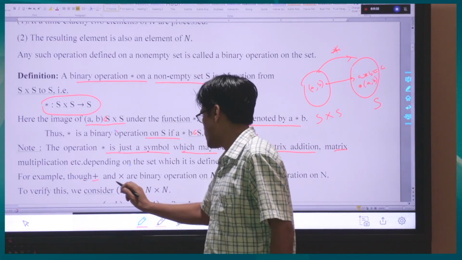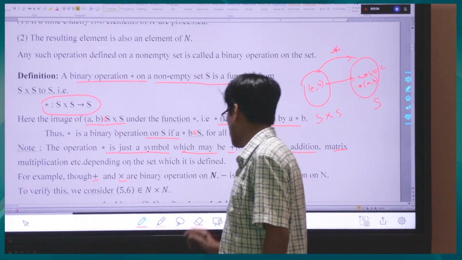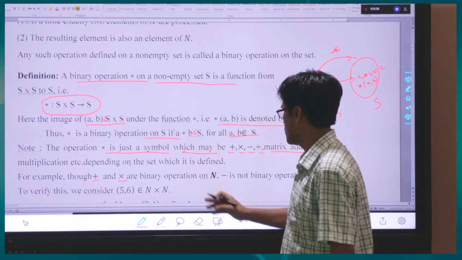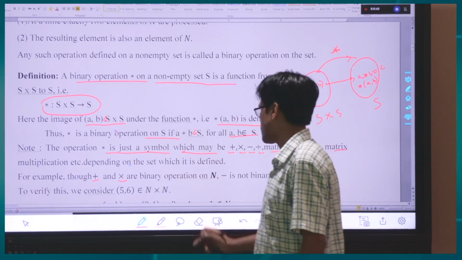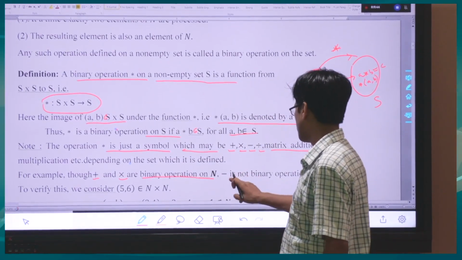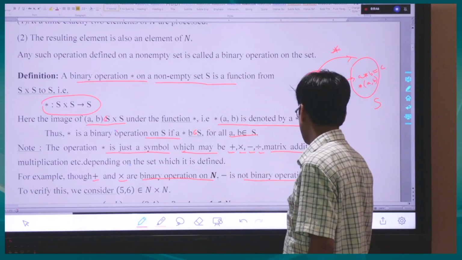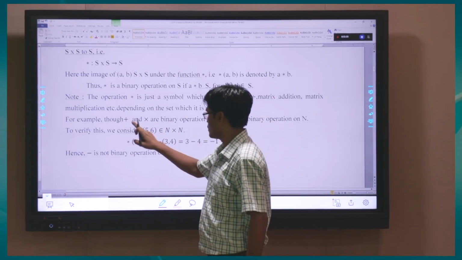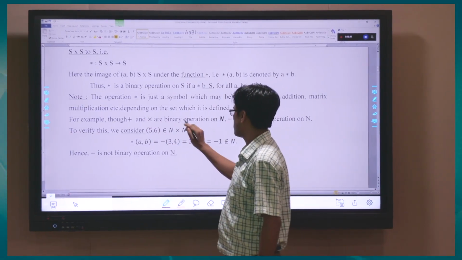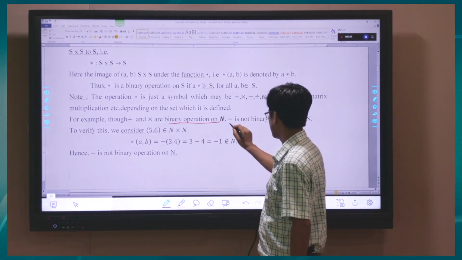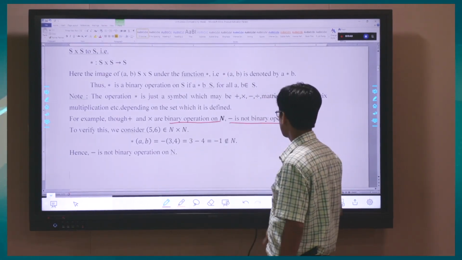Here addition and multiplication are binary operations on N. Suppose we consider this example: addition and multiplication are binary operations on the natural numbers N, but subtraction is not a binary operation. Why is subtraction not a binary operation?